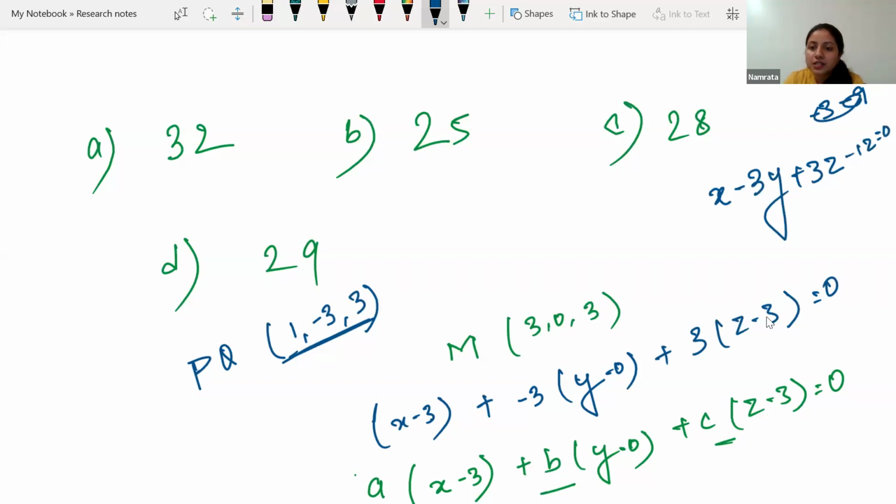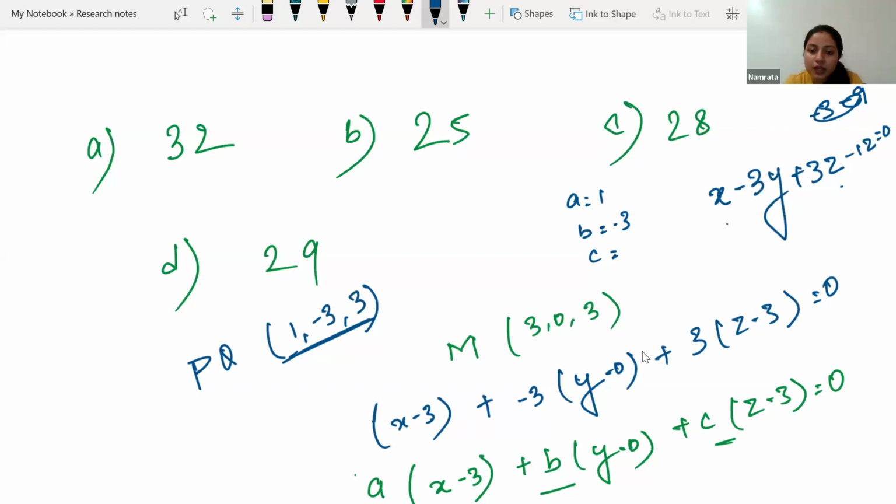If we compare it with ax plus by plus cz plus d, we are getting a as 1, b as negative 3, c as positive 3, and what about d? D we are getting as negative 12.